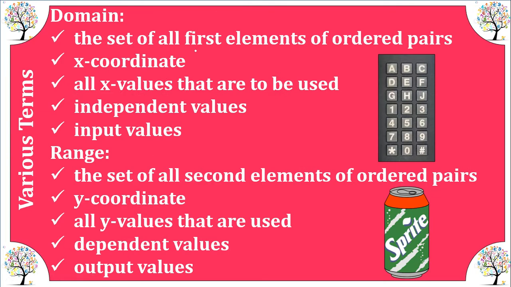Here is a list of some interchangeable words and phrases that all mean the same thing. So our domain is a set of all the first elements of our ordered pairs. So if we had 3, 7, the 3 is our input value. It's the domain.